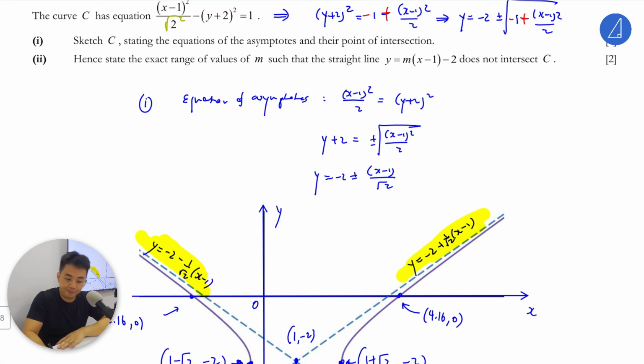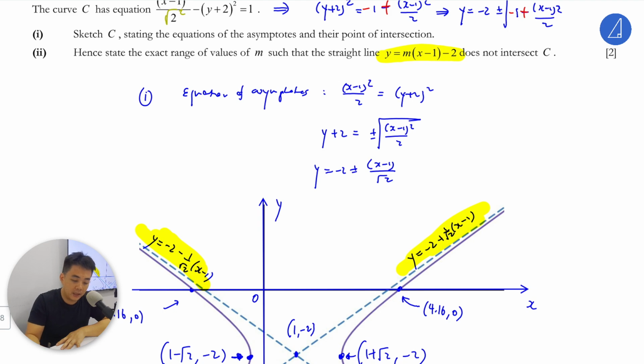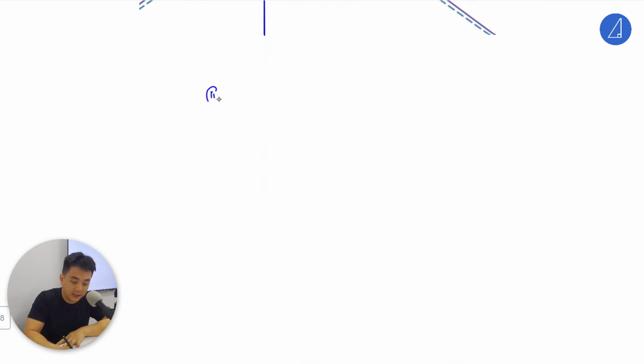This part here, guys, what is this? This is a line equation. What I'll suggest is a lesser known line equation, this form here, because we don't really teach you this form in secondary school, right? M is a variable, M is a gradient.